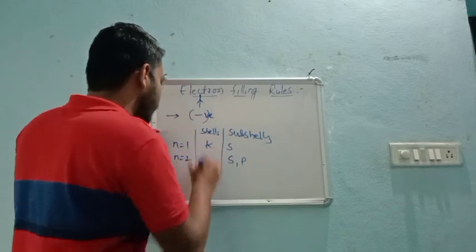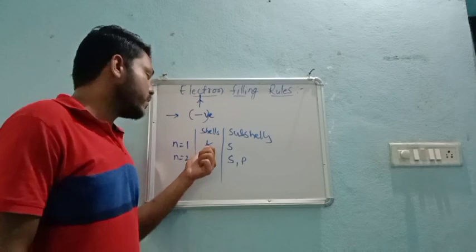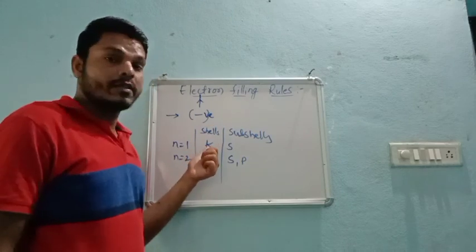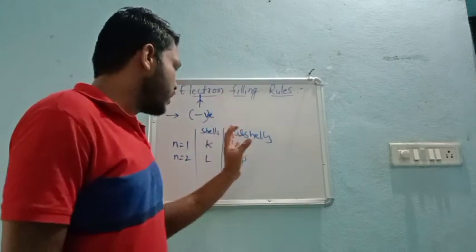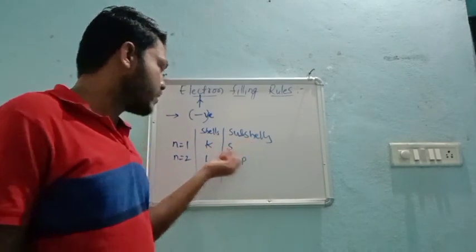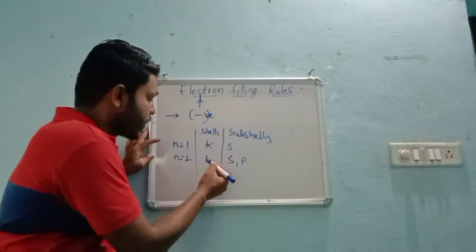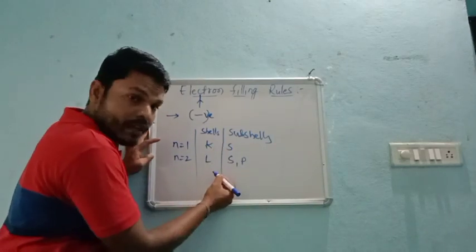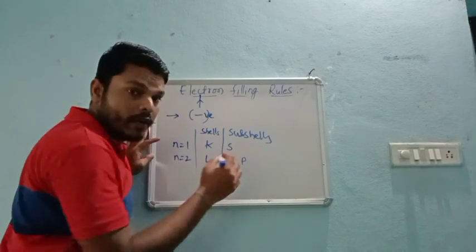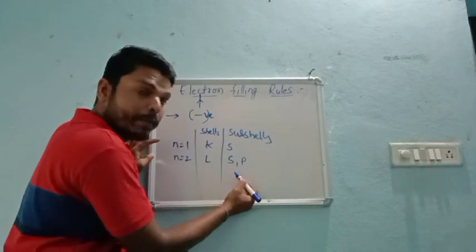These are the shells and these are the subshells. So n equal to 1 is the K shell, and it consists of the subshell S. In the same way, n equal to 2 is the L shell, and in the L shell we have two subshells, S and P.